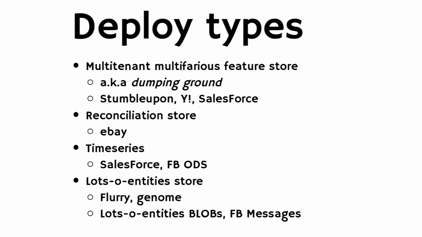So it's used in quite a few different kinds of ways. It's like OLTP and maybe a bit of OLAP going on. There's the storage dumping ground where, say, a website will just serve all of its features out of HBase. Engineers like it. They don't have to worry about scaling. It's done for them. Somebody else is worrying about it.